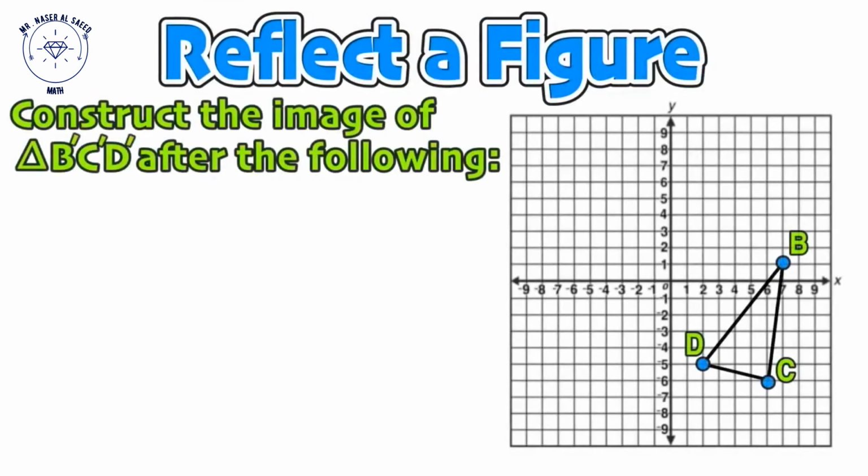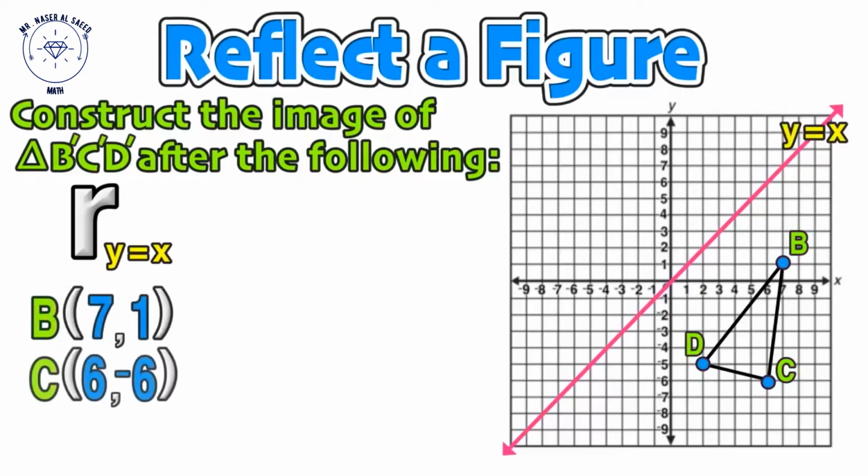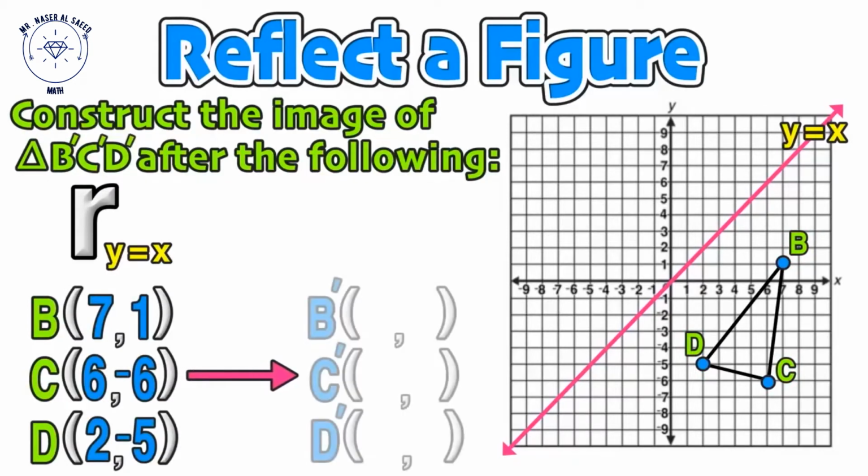And finally, for our last example, we are going to take a shot at reflecting a figure. In this case, we will be reflecting triangle BCD across the line y = x.